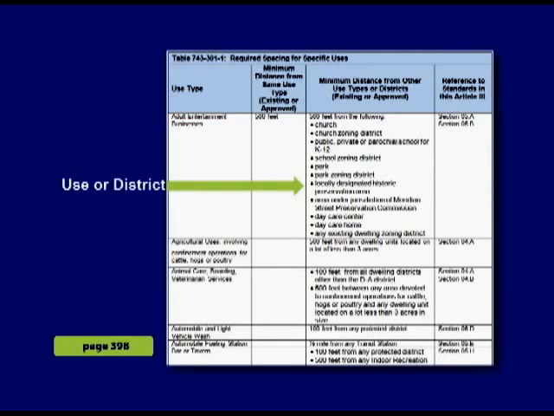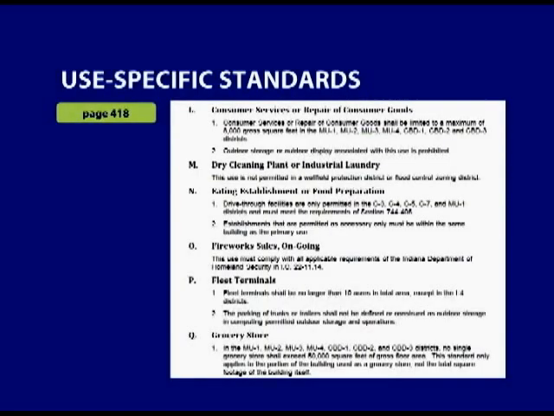Whereas right now, there were many ways that it was called out to be measured. I already told you there were 73 commercial and industrial land uses. We're not going to go through all the use-specific standards for all 73, because I'm not going to read to you.